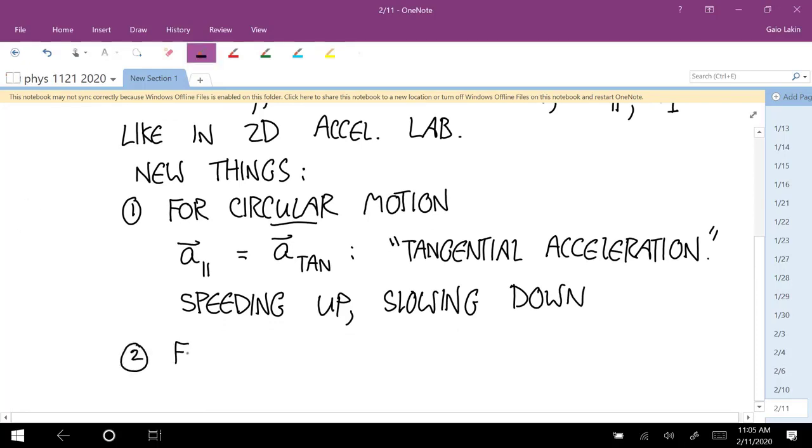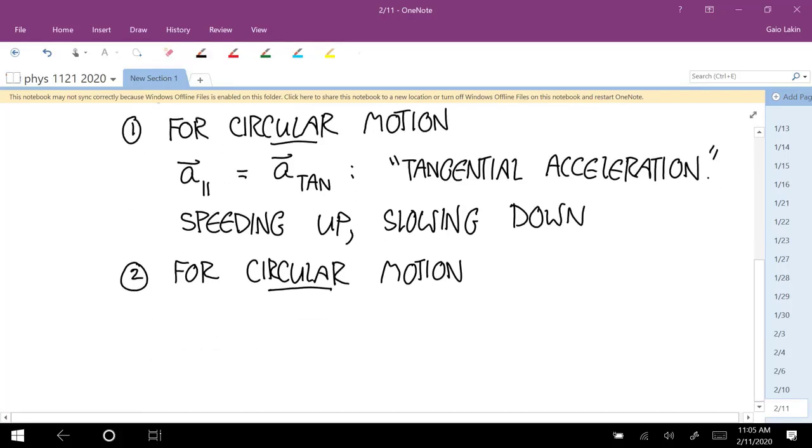Also for circular motion, and not for other types of motion, the part of the acceleration that's perpendicular to the velocity, I'm going to denote a sin, and this is going to be called the centripetal acceleration.